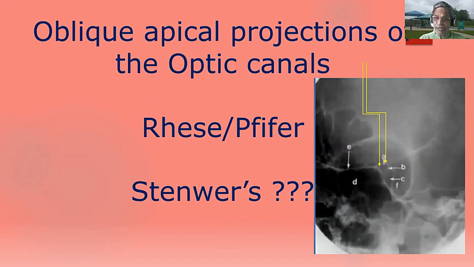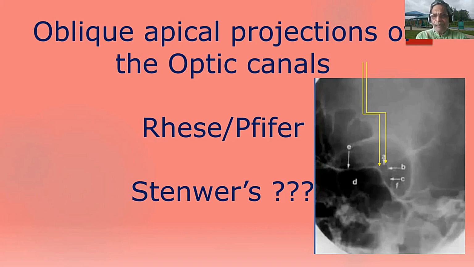Then the other view I told you about is Stenvers. They may not ask you, but by chance if you are asked, the role of the Stenvers view is to visualize the internal acoustic meatus. We have so many tumors, like acoustic neuromas, which are cerebellopontine angle tumors.